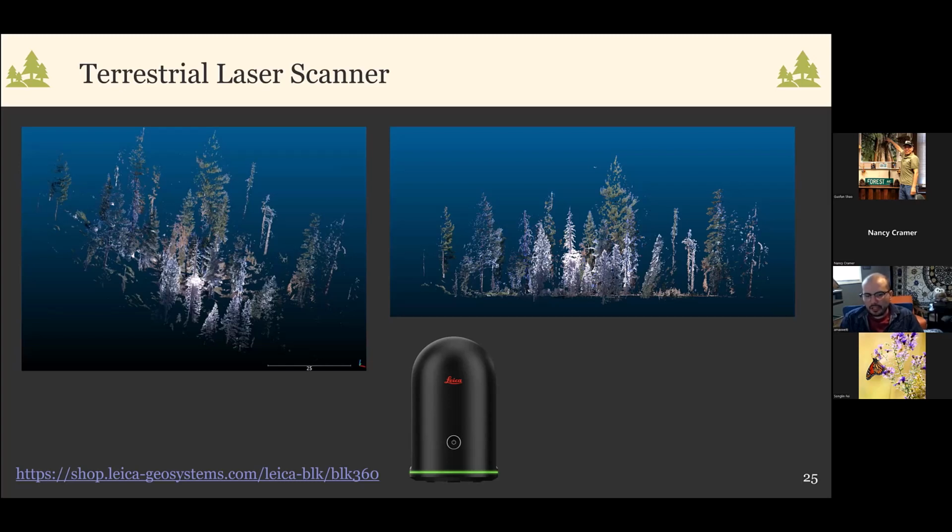So they're meant to be really user friendly. We looked at using these units as opposed to a more analytical grade unit because our goal was to assess this in the context of operational mapping and monitoring in fire management. So having a cheap scanner that anyone could apply is kind of a prerequisite for that.